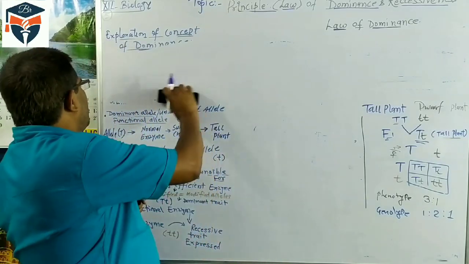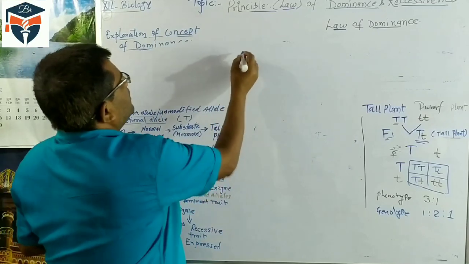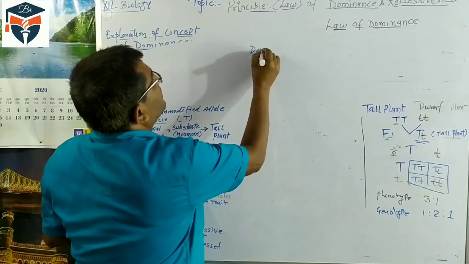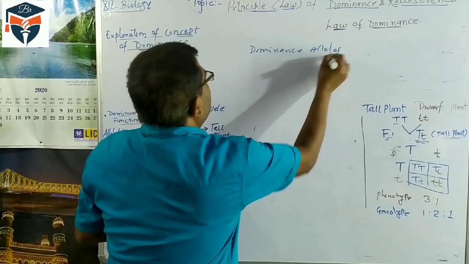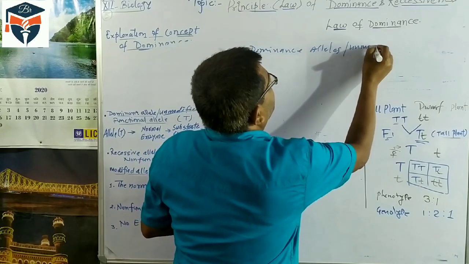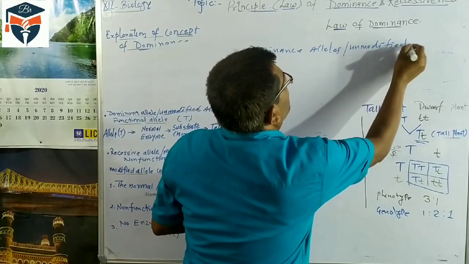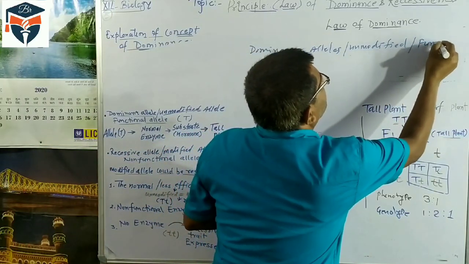Now, there are two types of alleles. First is called the dominant allele. The dominant allele is also known as the unmodified allele, and another name is the functional allele.